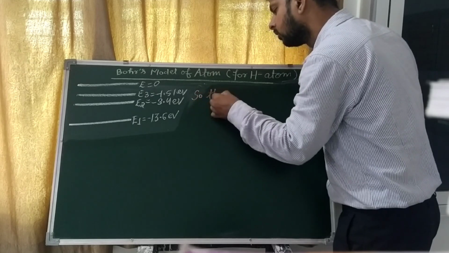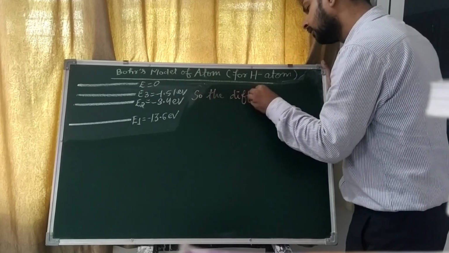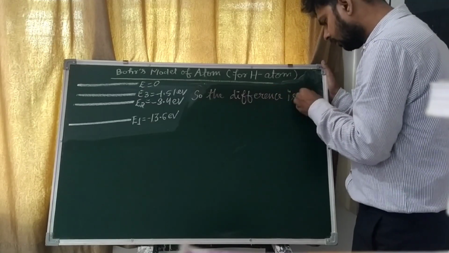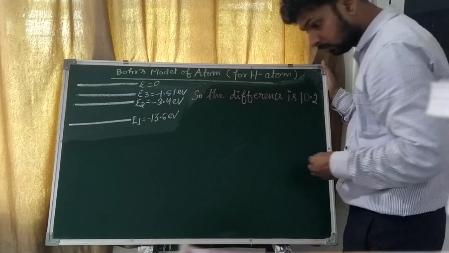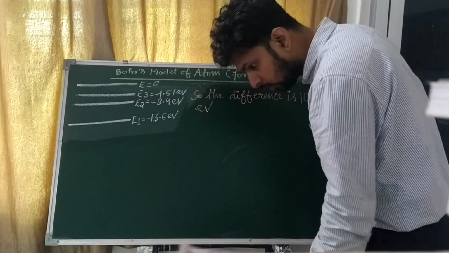So the difference is 10.2 electron volt. You can calculate.